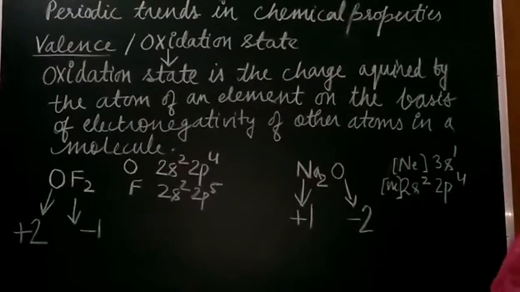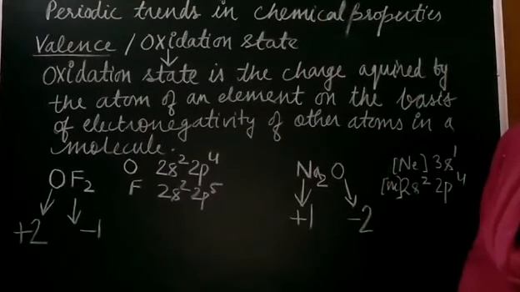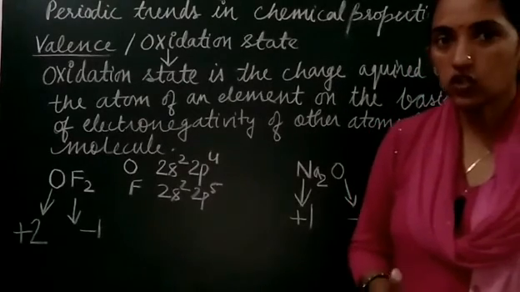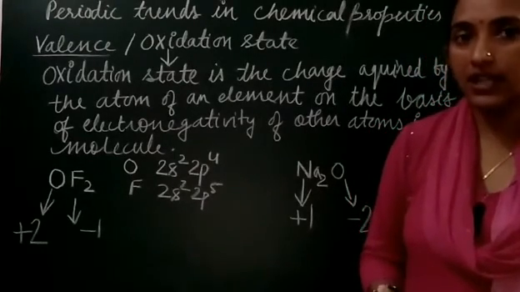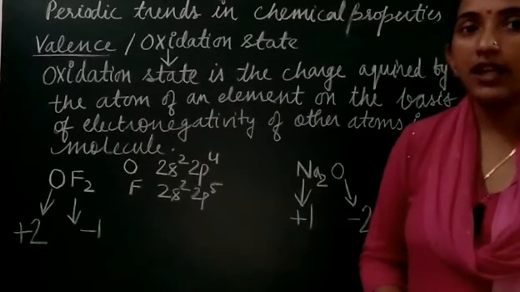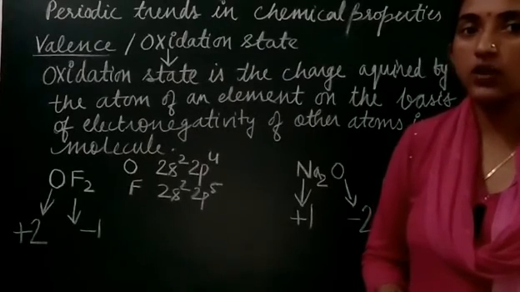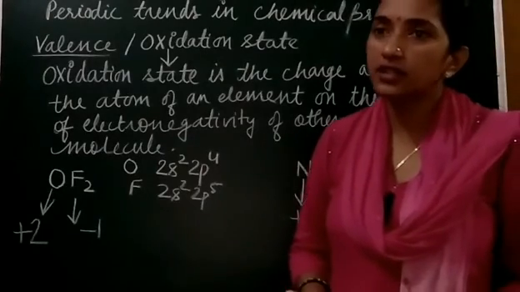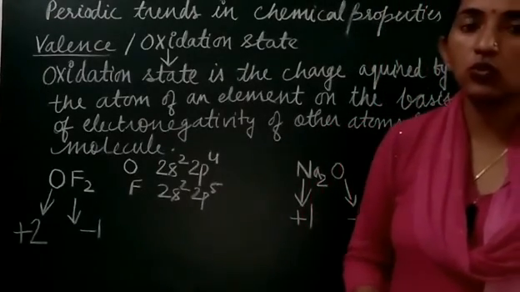Now the s block and the p block elements generally show valency which is generally 1, and if there is any variation, it will be variable; maximum it can show 2 or 3.